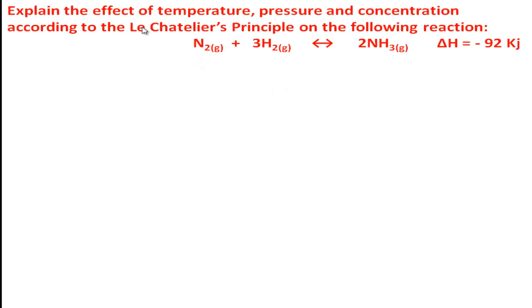But if a question comes like this, explain the effect of temperature, pressure and concentration according to Le Chatelier's principle on the following reaction, then how will you write the answer? I will show here. This is a very important question. Almost every year in the board exam this type of question may come.